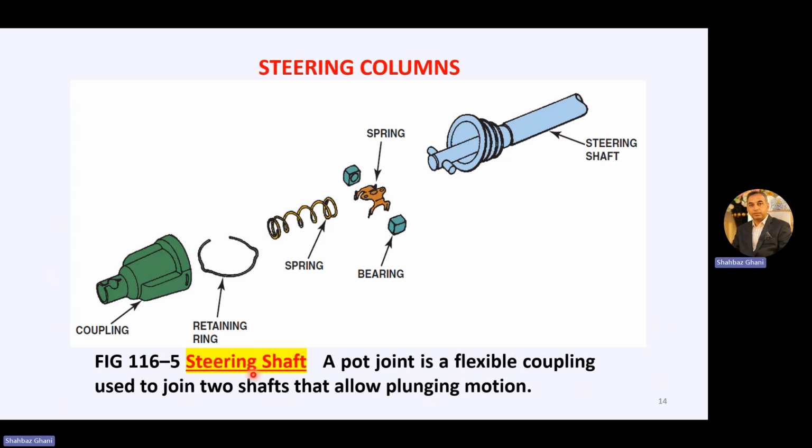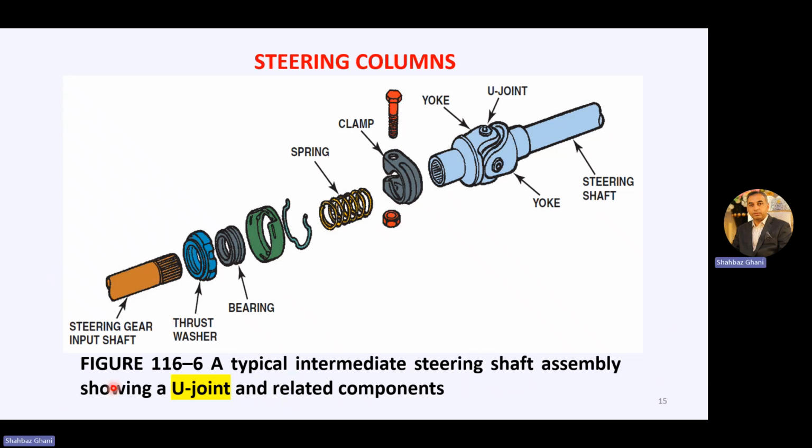So this is the steering shaft. A pot joint is a flexible coupling used to join two shafts that allows plunging motion. So this is your steering shaft. Then we have this spring arrangement, and this is the coupling attached to the steering shaft. Then a typical intermediate steering shaft assembly showing a U-joint and related components.